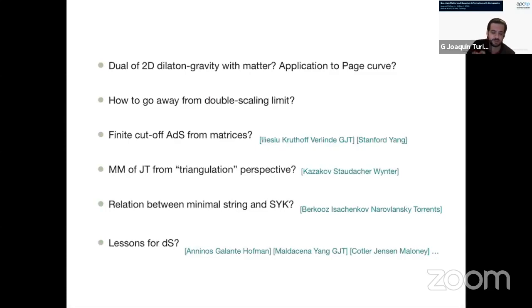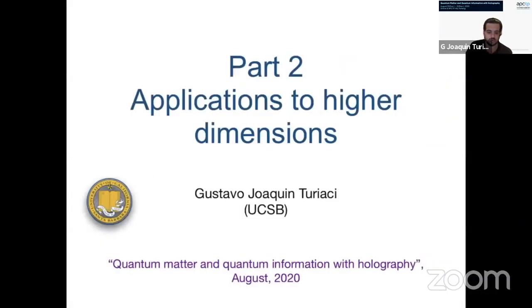But maybe the main two questions I would like to know are how to generalize this with matter, and if we can find some better defined models of 2D gravity with evaporating black holes where we can compute the Page curve. And also how to go away from the double scaling limit. That would be interesting. But okay, I think the PDF is on the website. So if you have any question, we can talk about that later.